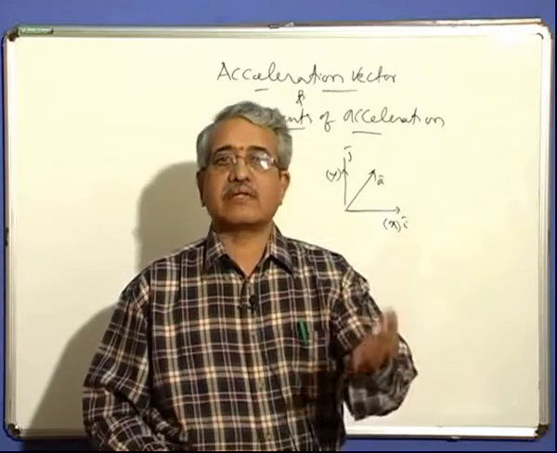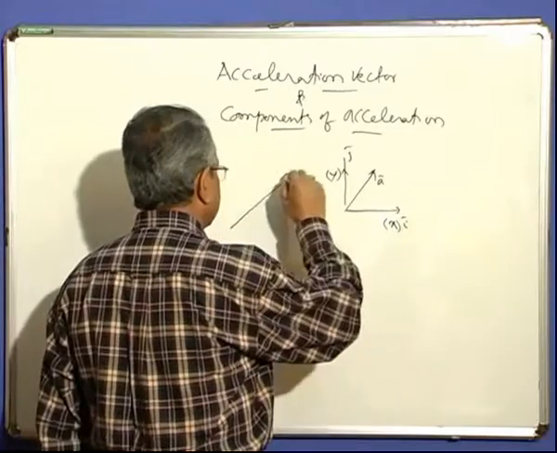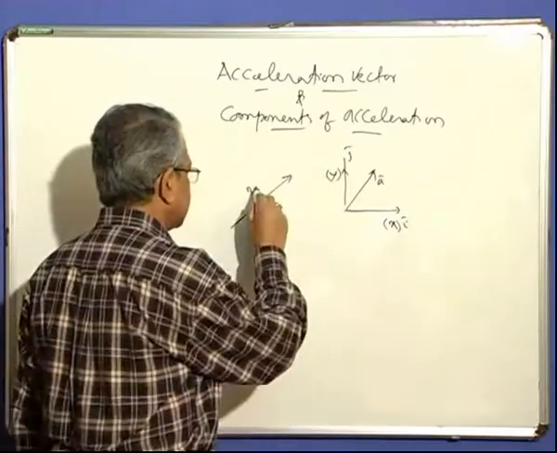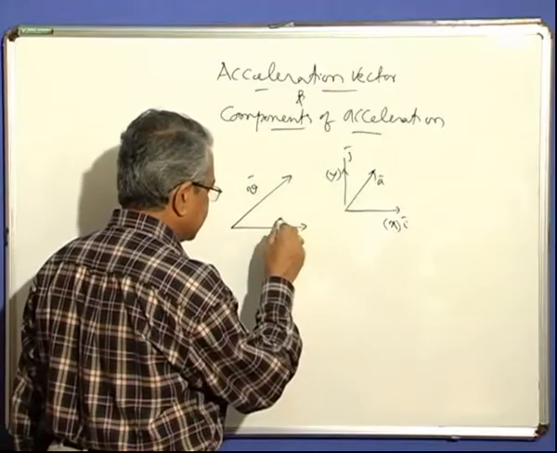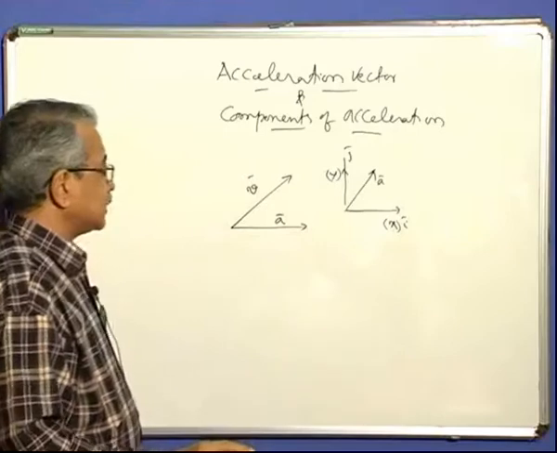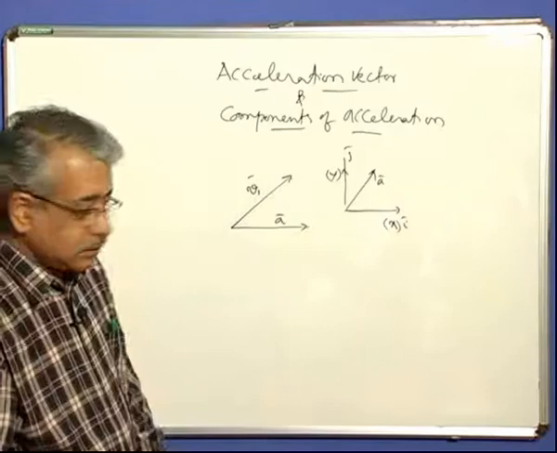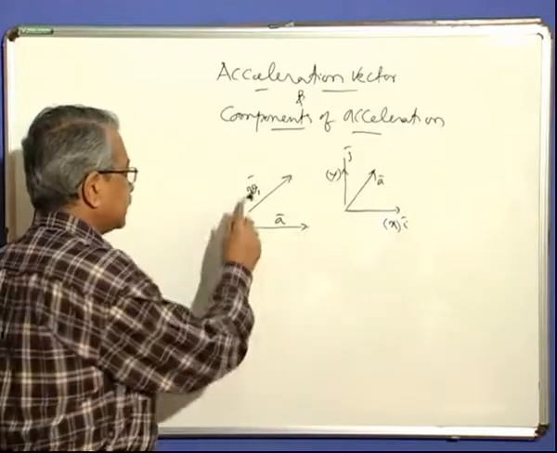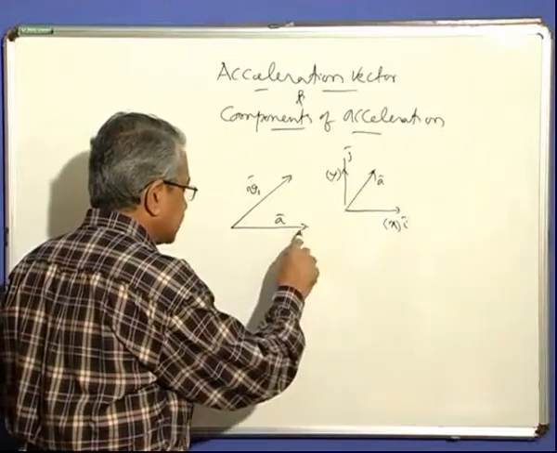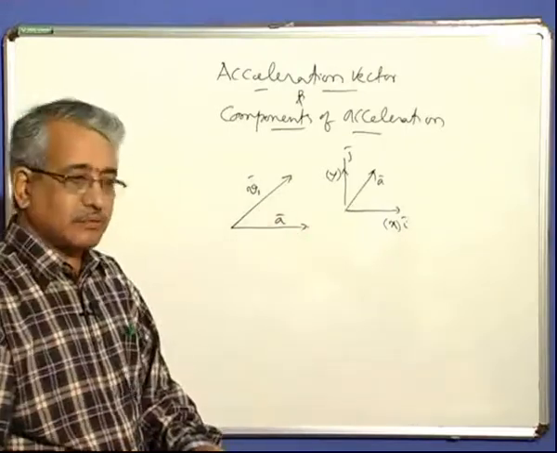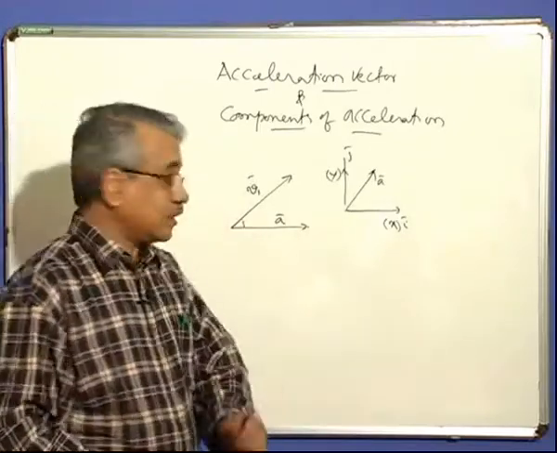Because there is acceleration, the velocity vector is changing. Suppose the velocity vector is in this direction, and there is some acceleration acting in some general direction like that. That means there is some angle between the velocity and acceleration.